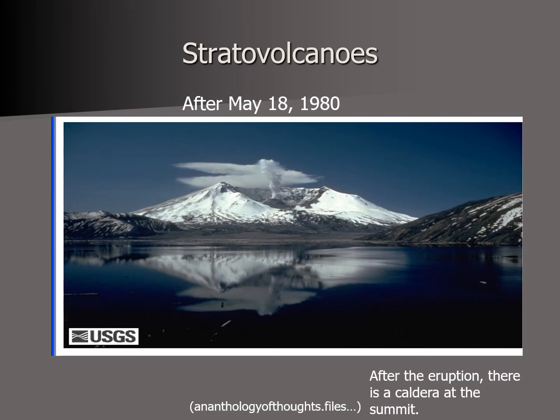Okay, before and after. So this is Mount St. Helens, what it looks like today. Okay, so you might notice that a good maybe 1/3 of the top of the mountain is gone. Okay, instead of having a crater, you now have this big, much larger, huge opening we refer to as a caldera.